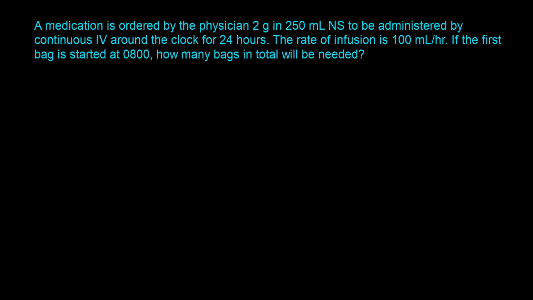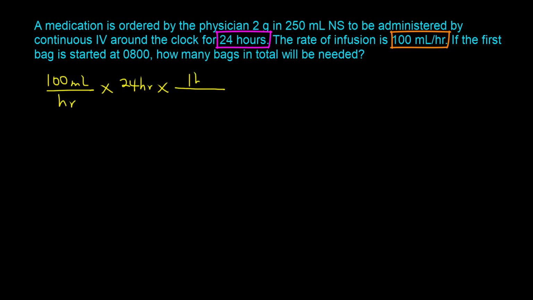So we can start with the rate of infusion, which is 100 milliliters per hour. We multiply this ratio by the time, which is 24 hours, and make use of the information provided, which states that each bag has 250 milliliters. So now the milliliters can cancel out, the hours cancel out, and what we can do next, since this is dimensional analysis, is to multiply all the terms in the numerator.